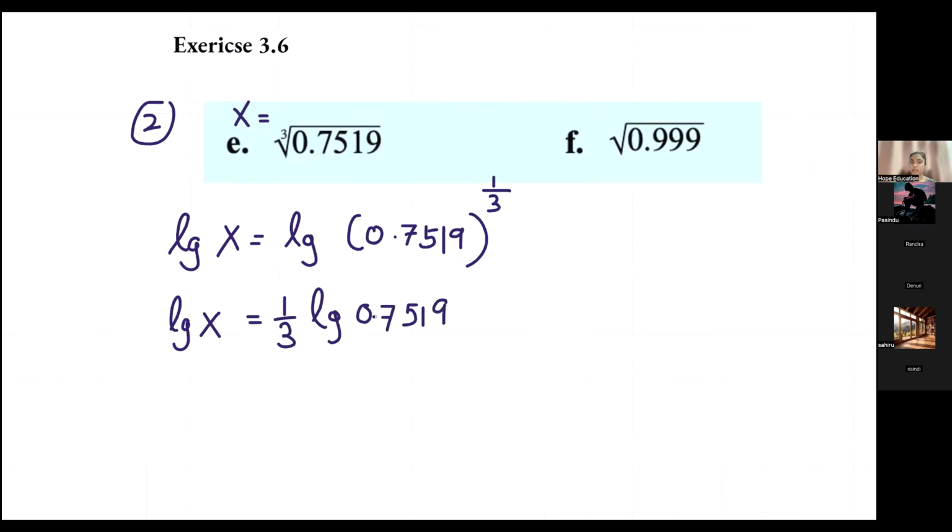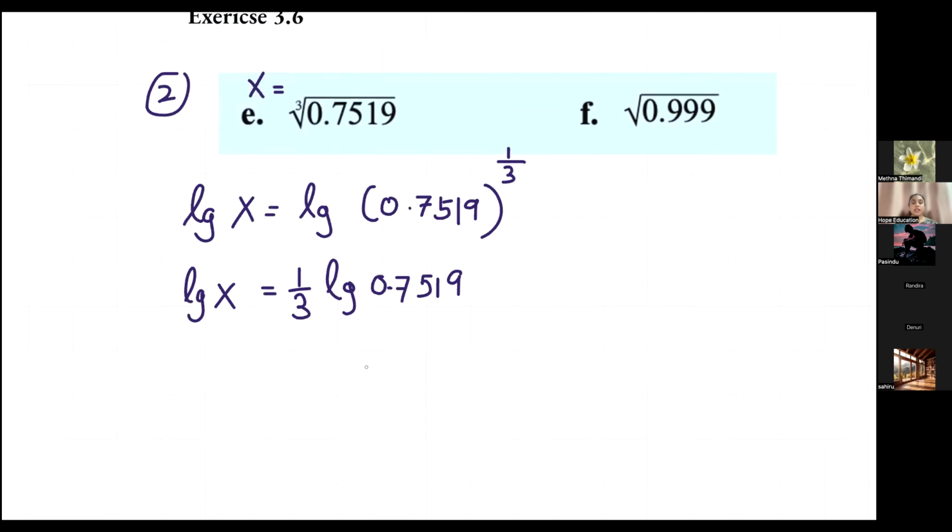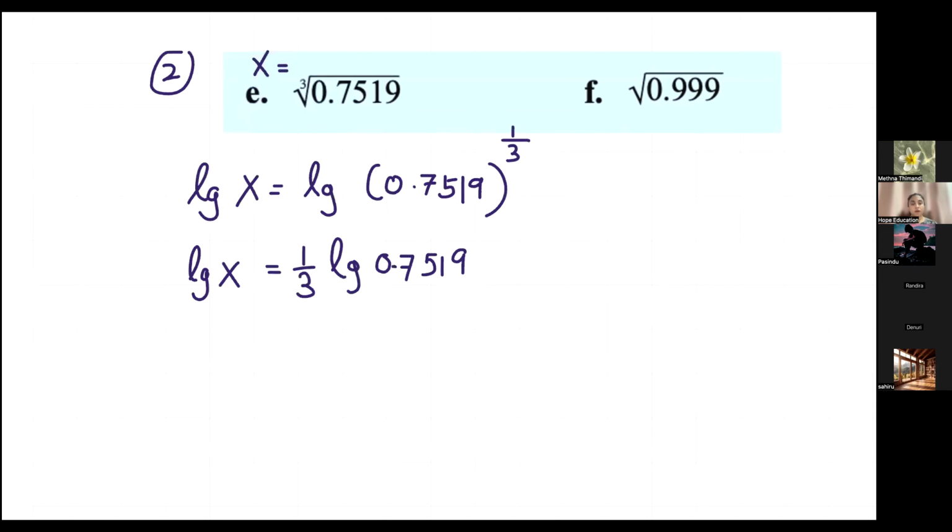Is this clear? Up to this point, did you all get it? Others? Okay. All right. Now, can you all tell me the log value of 0.7519?